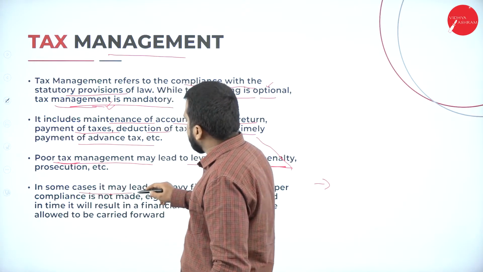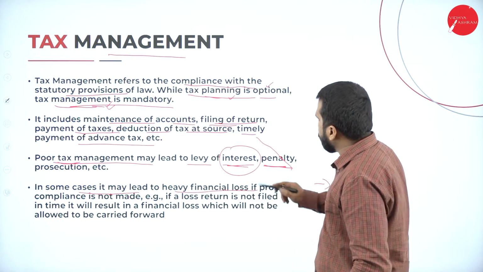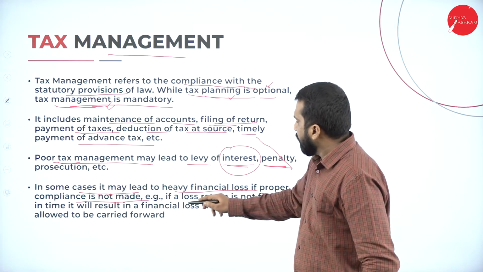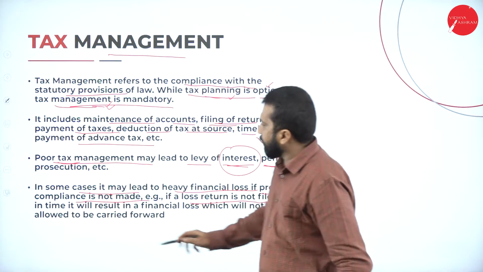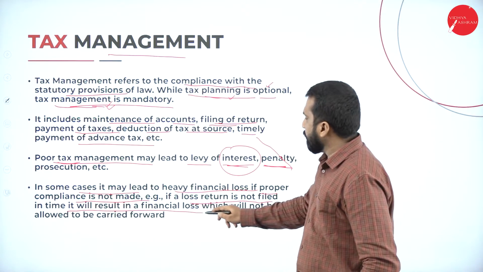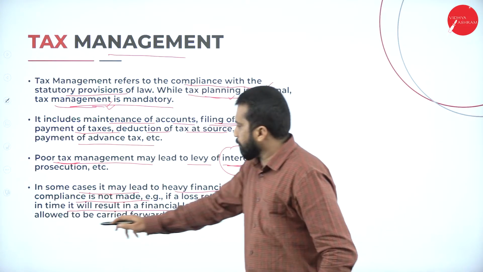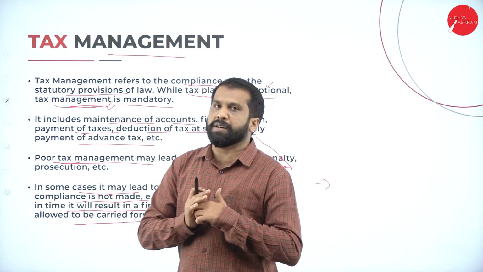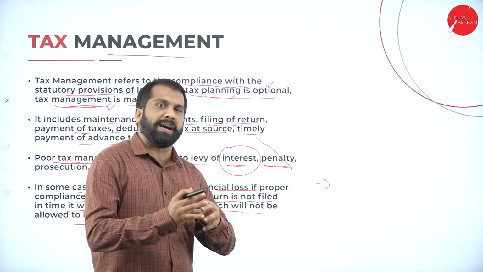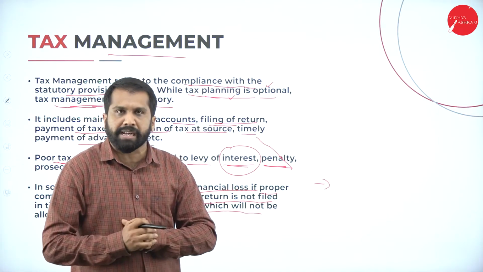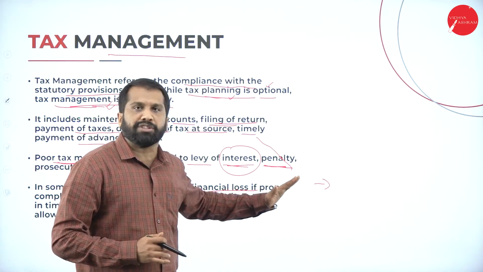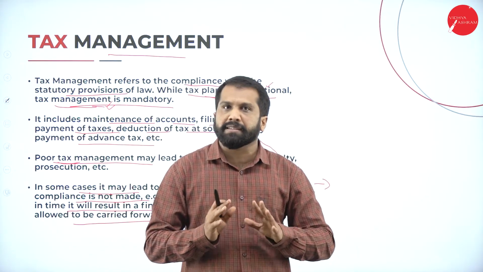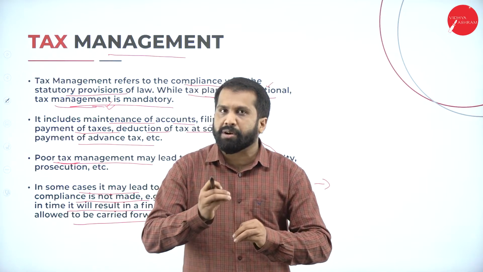In some cases, it may lead to heavy financial loss if proper compliance is not made. Example, if a loss return is not filed in time, it will result in a financial loss which will not be allowed to be carried forward. What does it mean? Very simple. Go back to the same example: that accountant, just BCom or graduation pass, doesn't know anything about your filing, but you have trust in that person.